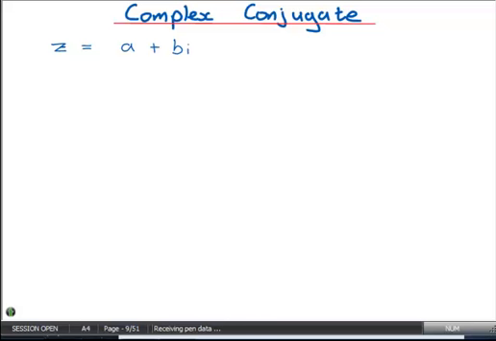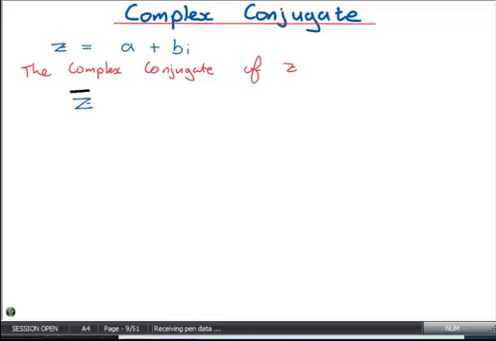Now the complex conjugate of z is written as z with a line above it.